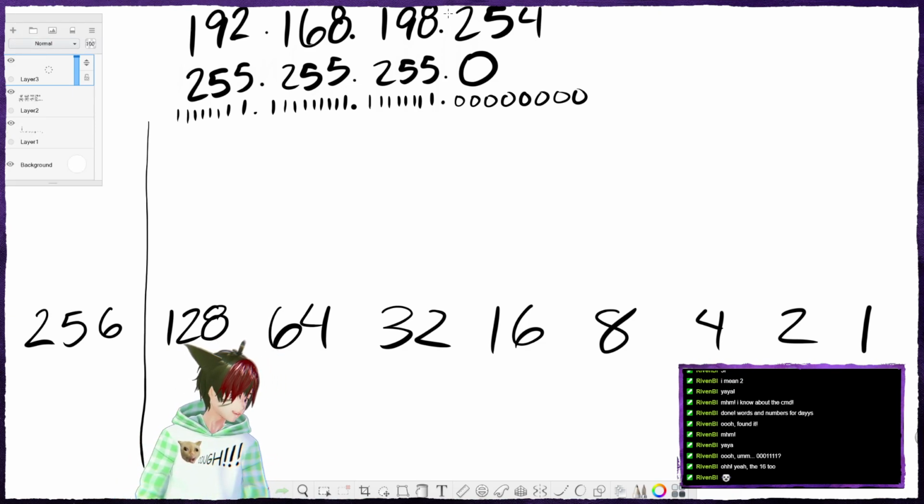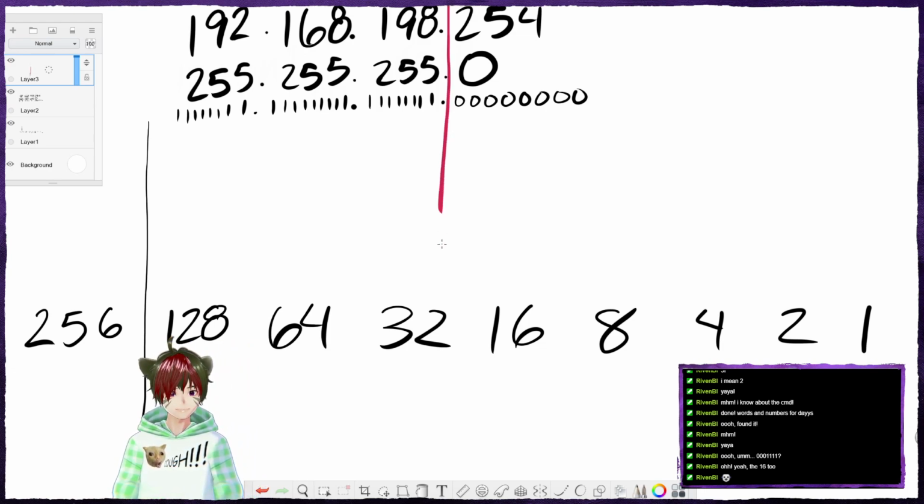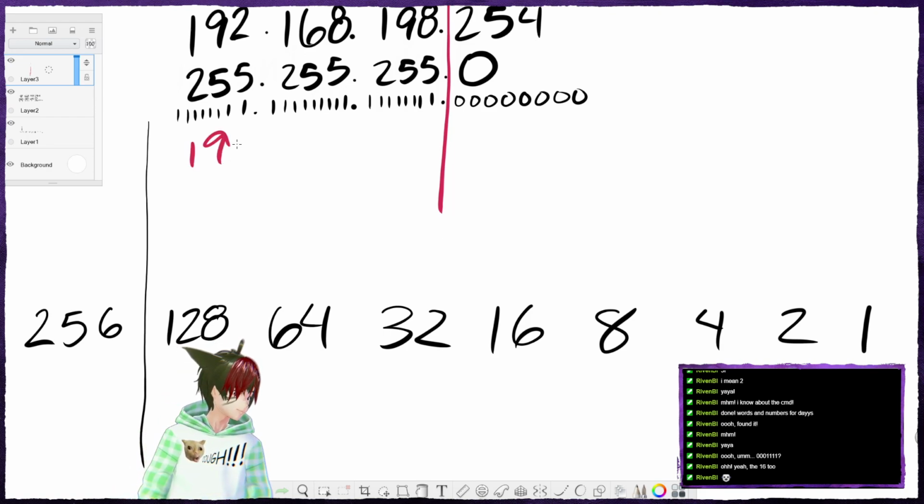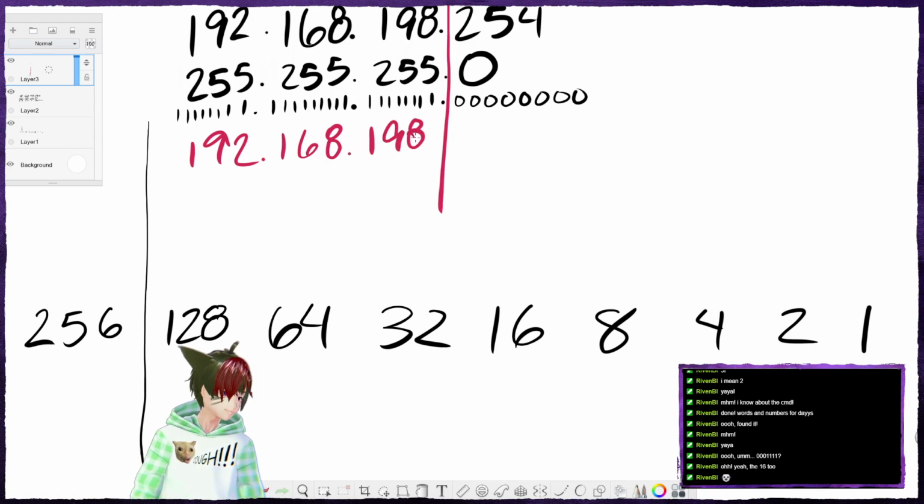Alright, so your network is right there. So that's what your subnet mask tells me: what network your computer is on. Dot 0.